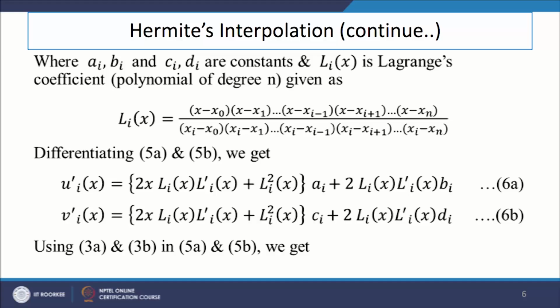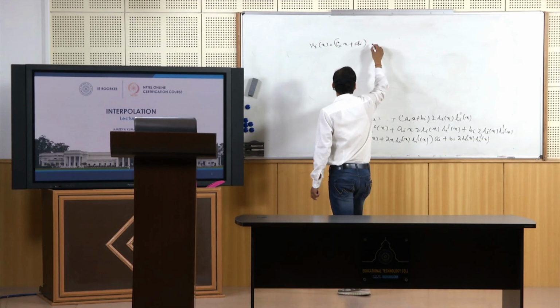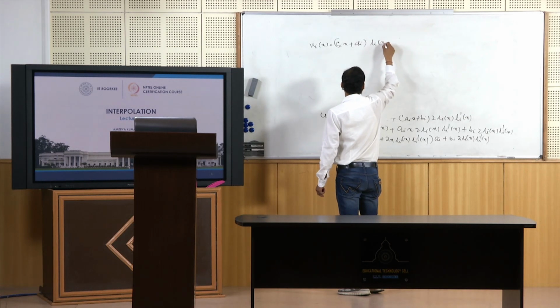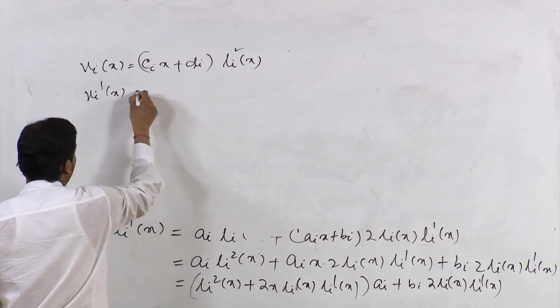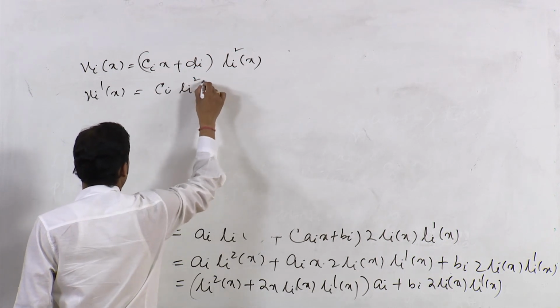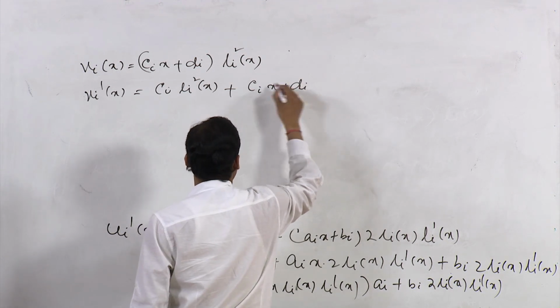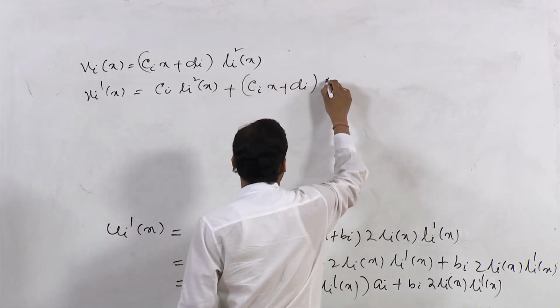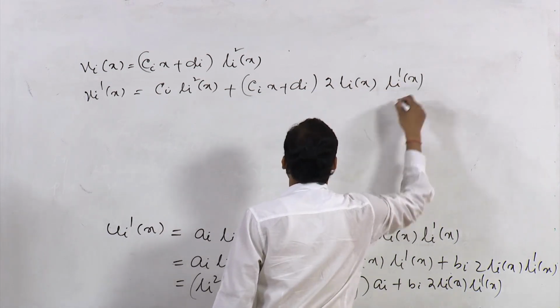Since vi(x) is usually written in the form of vi(x) equals (ci x plus di) into Li square of x, if you take the derivative with respect to x, this can be written in the form of ci into Li square of x plus (ci x plus di) into 2 Li(x) into Li dash of x here.